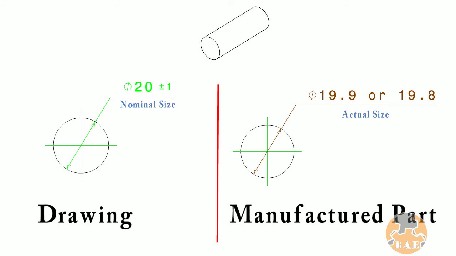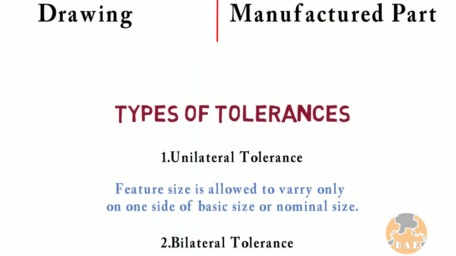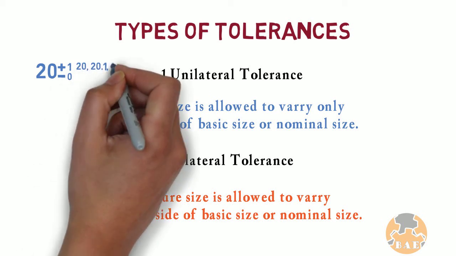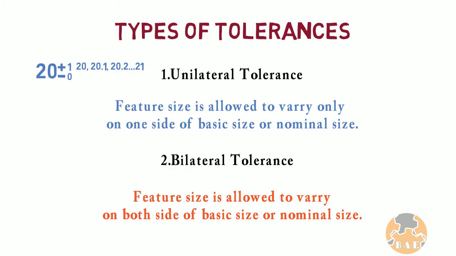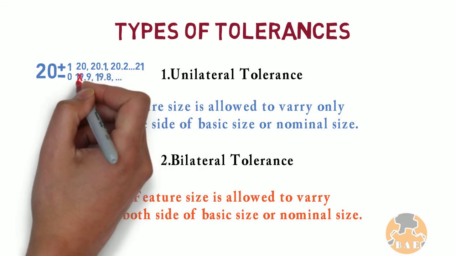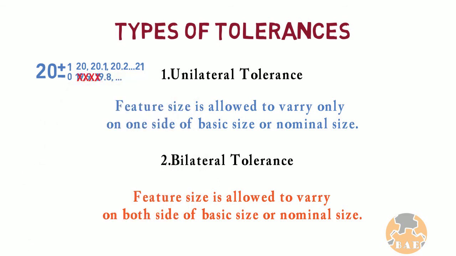Here this 20 mm is the nominal size, and if we allow this 20 mm to go up to plus 1, means 21 mm, and in negative it's 0. So its value can be 20, 20.1, 20.2 like that up to 21 mm, but it can't be 19.9, 19.8 like that. So we give tolerance on a single side only, so we call it unilateral tolerance.